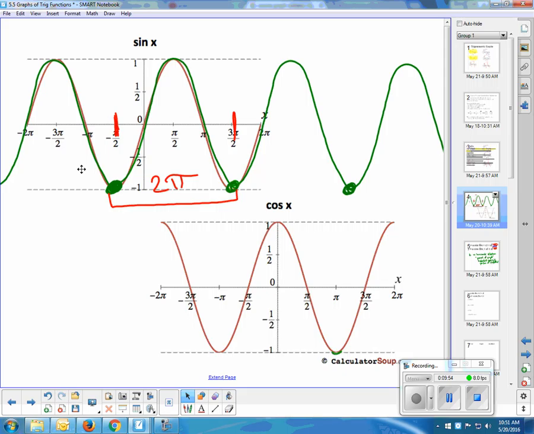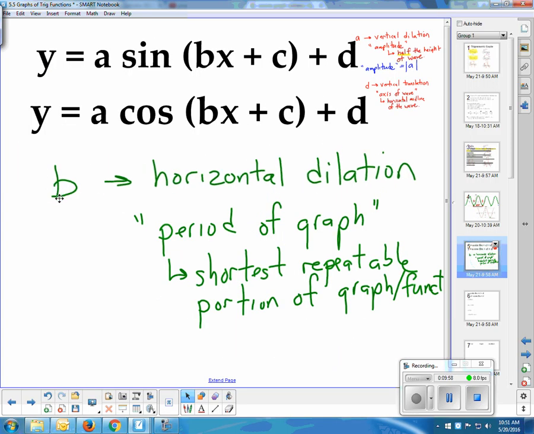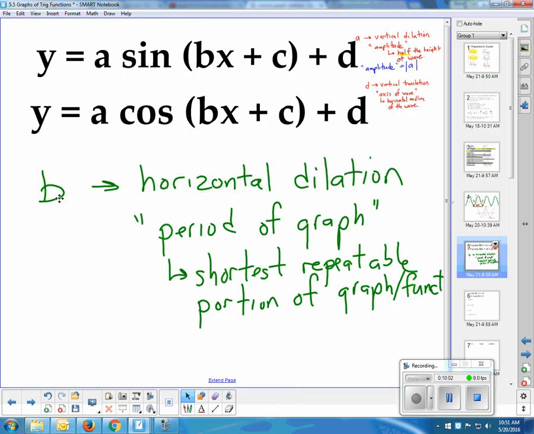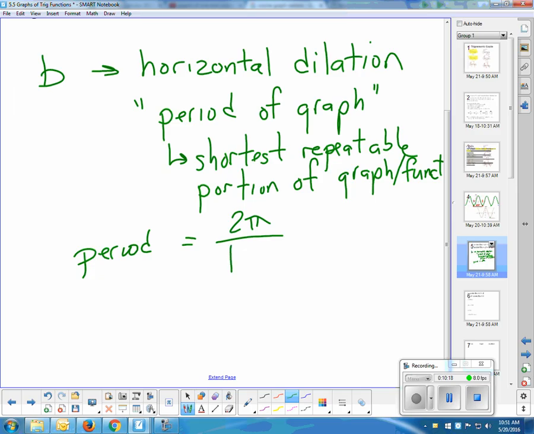This value of b that I have right here, the horizontal dilation, will affect that period by either stretching it or shrinking it. And there's a formula for that: the period of the sine and cosine function is equal to 2 pi, which is our original period, divided by the absolute value of b.